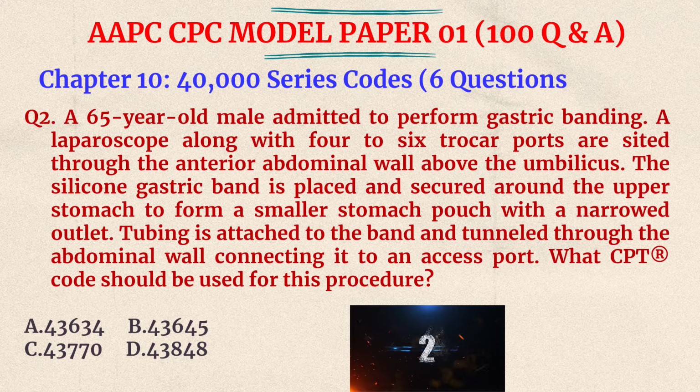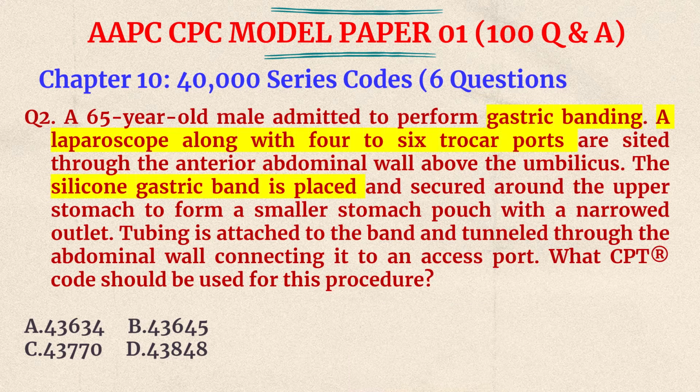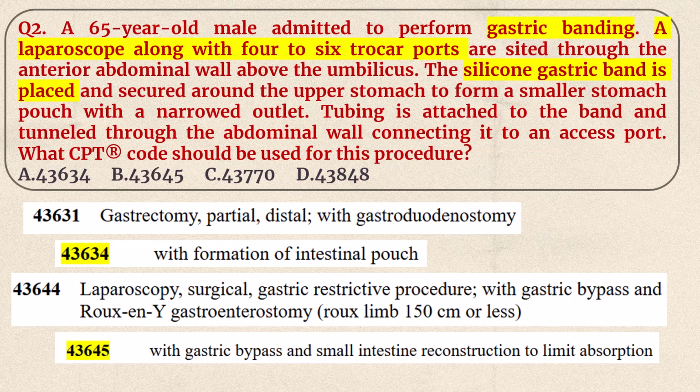3, 2, 1. Okay, here you have to highlight this is a gastric banding through laparoscopy, and also a silicone gastric band is placed. You can see the 4 CPT codes are 43000 codes, so you can use the elimination method to find the answer. Once you go to the codes directly, you can see 43634.